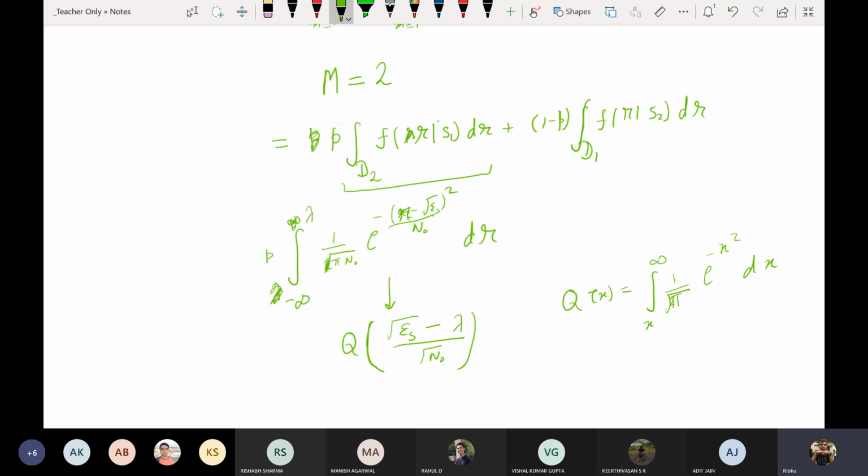Sorry, Q of t. So I'll write it again. Q of x equals integral from x to infinity of 1 upon root pi.